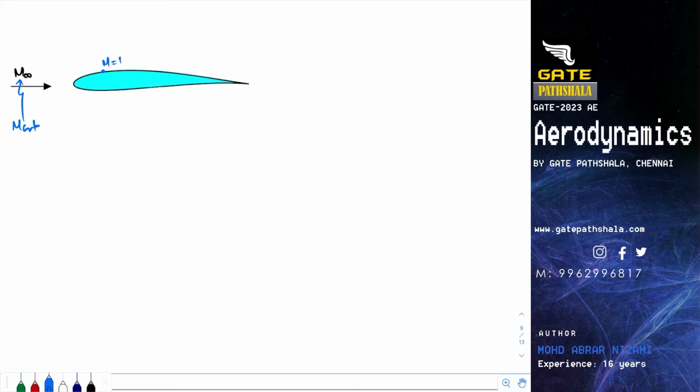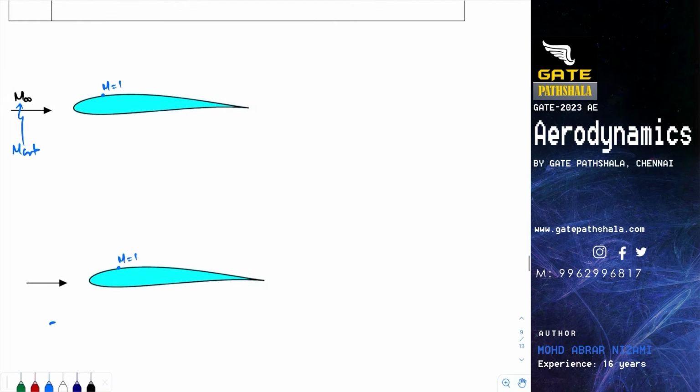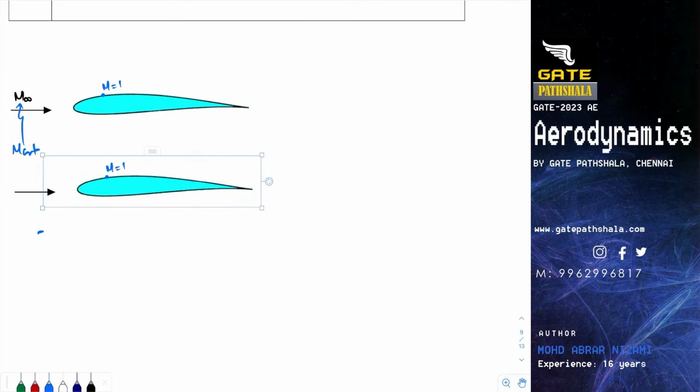Then, if we further accelerate this flow, instead of getting M equal to 1 here, I'll get it further ahead of this point.